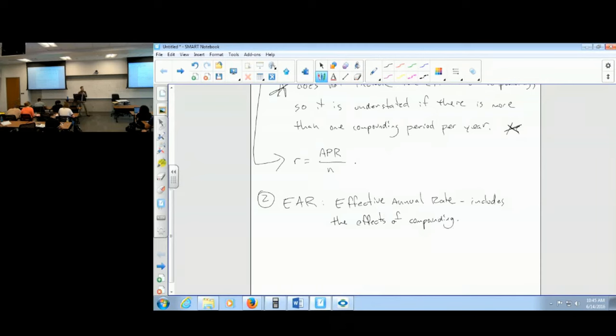It's exactly what the name sounds like. It's your annual rate of return, including the effects of compounding.